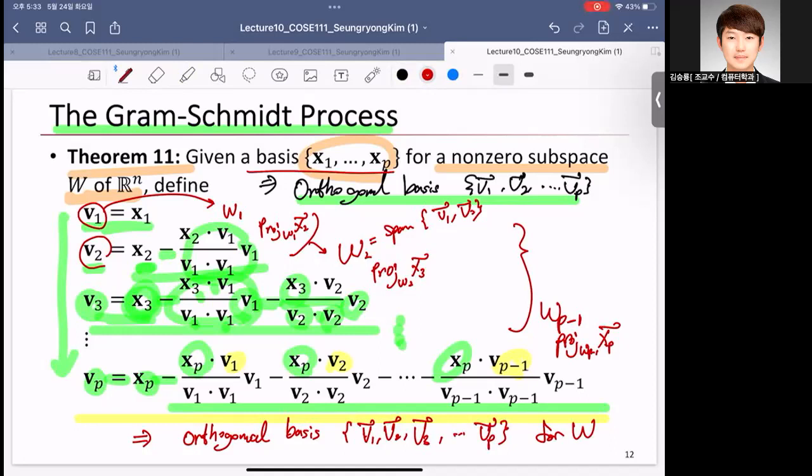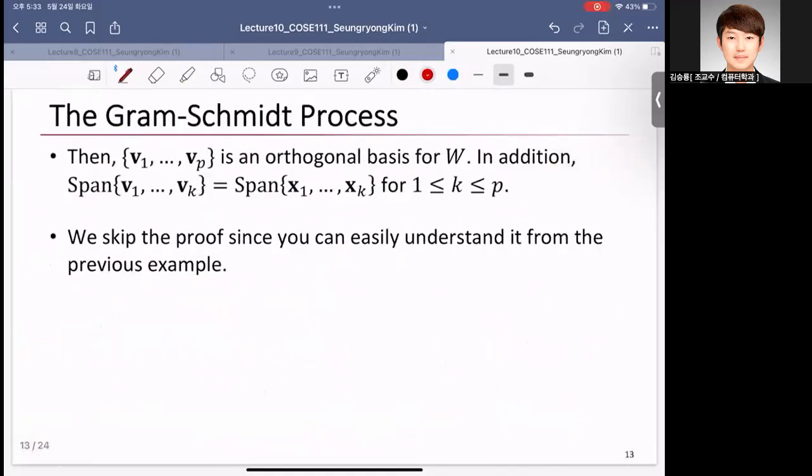Question? Very clear, right? Then V1, V2, VP is an orthogonal basis for the subspace W. In addition, span V1 to Vk is equal to span x1 to xk for k between 1 and p.